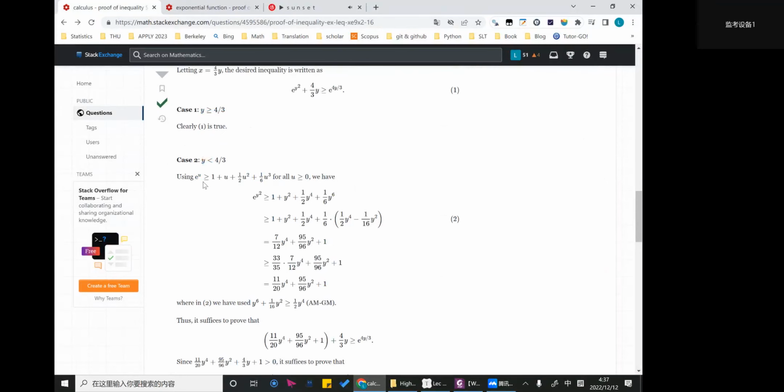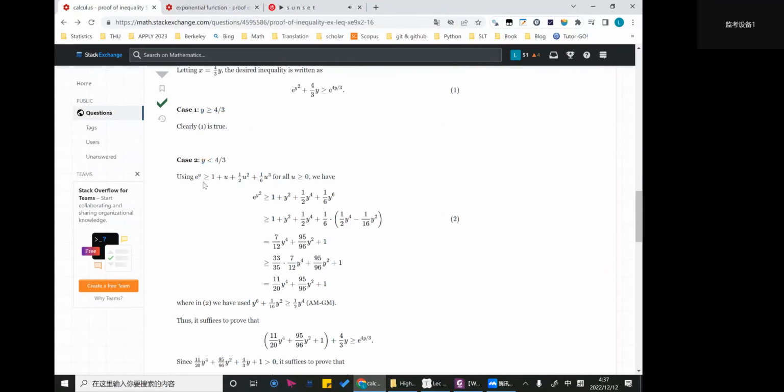And in 2, we use this arithmetic and geometric inequality and get this result. And it's sufficient to prove that, so that the original inequality is satisfied.